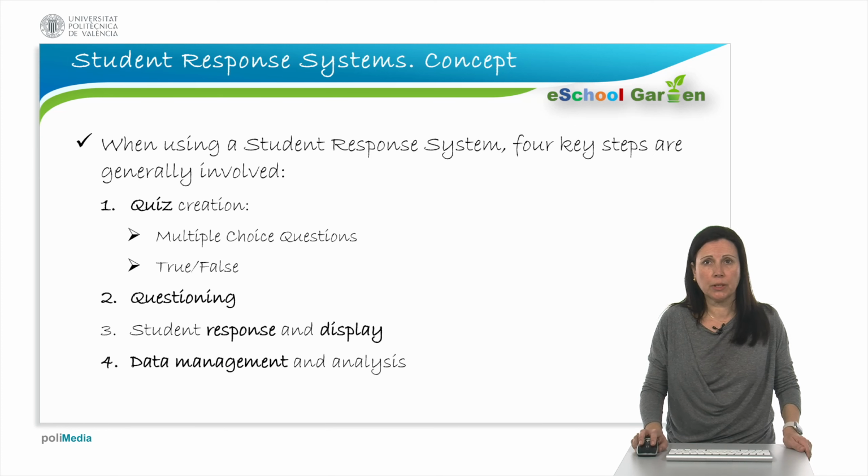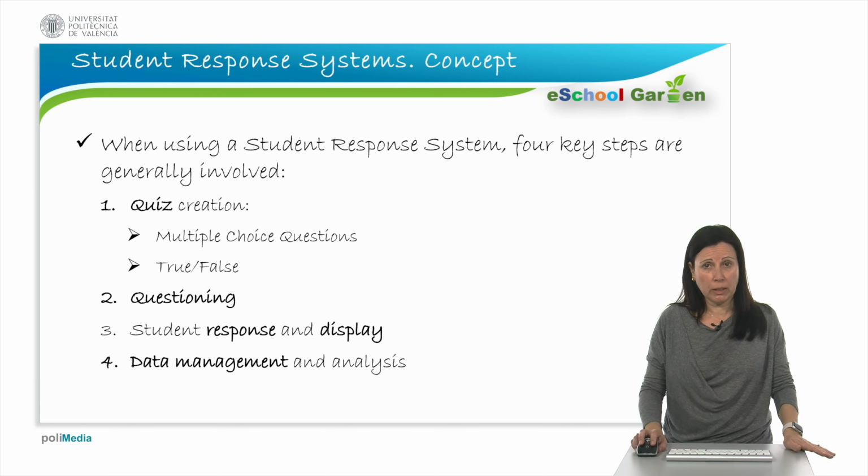Generally speaking, using students' response systems involves 4 distinct steps. An initial step prior is the quiz creation, which typically incorporates multiple choice and/or true-false questions. In class, teachers present concepts and materials together with questions asked for students' feedback.